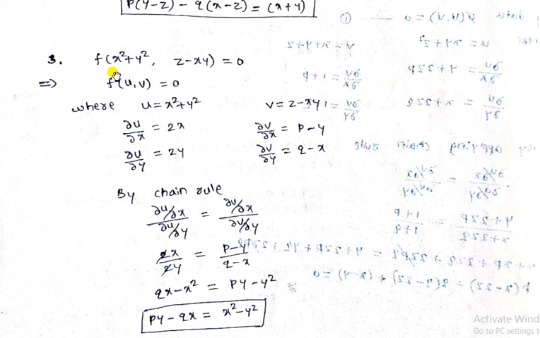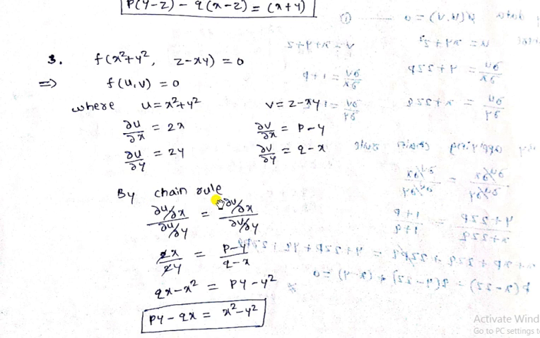One more example, f of x square plus y square comma z minus xy equal to 0. So the problem is of the form f of u v equal to 0. So u is the first term, v is the second term. Differentiate u with respect to x and y. So x square gives 2x, y square gives 2y, and v with respect to x: dou z by dou x is p, xy becomes y, and dou v by dou y: dou z by dou y becomes q, and xy gives x.